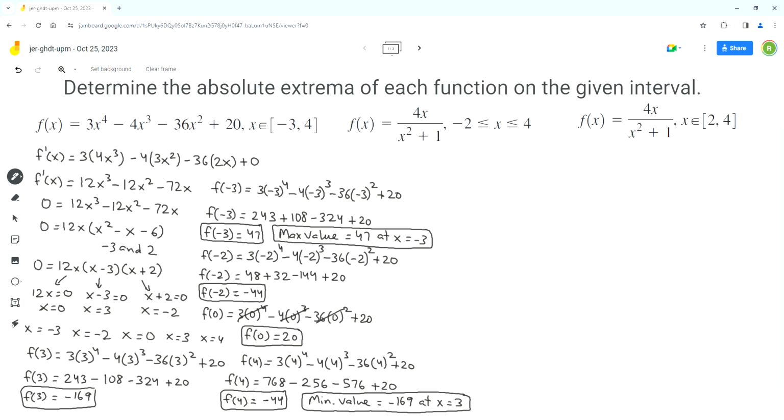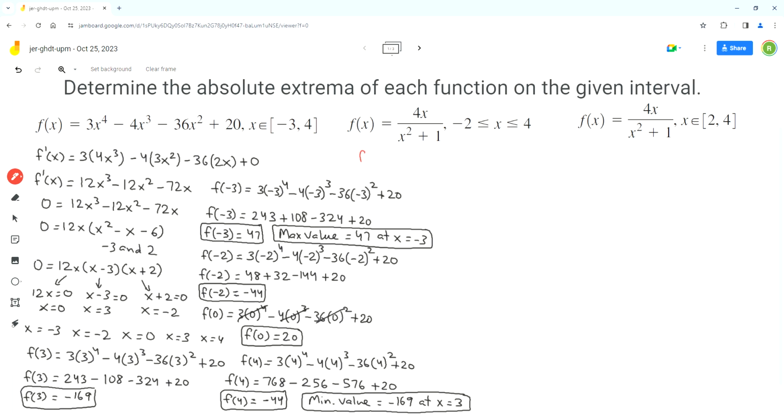So now we can analyze the second function. The second function is a rational function. So the first step here is to find the derivative of this function, to find the x values at which the tangent is horizontal. So for this we'll have to use the quotient rule to find the derivative.